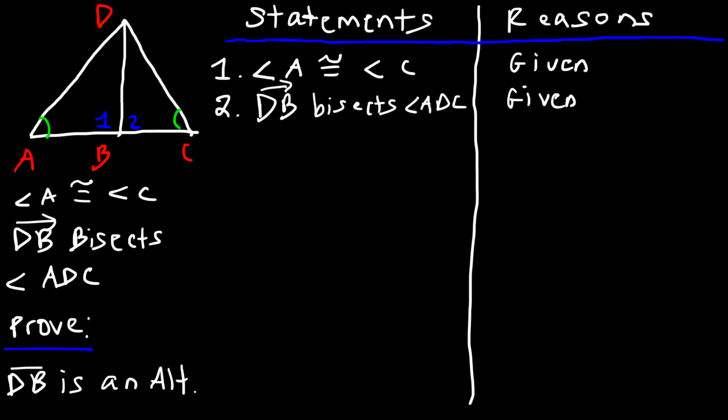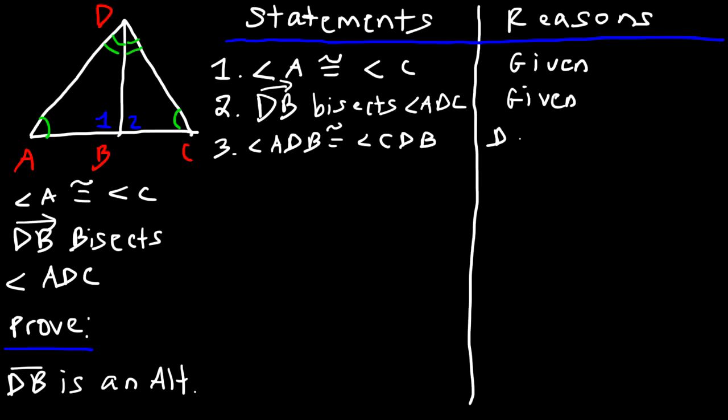Now let's see what we can conclude from that information. So this is ray DB, and it's going to bisect angle ADC. So therefore, these two angles are congruent due to the angle bisector. So for number 3, we could say that angle ADB is congruent to angle CDB.